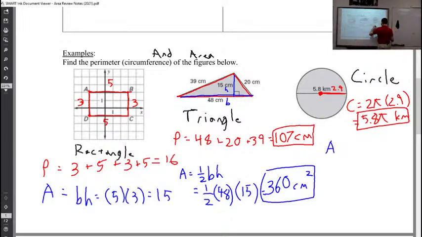Area. See if you can work ahead of me and get the area. Remember that our units for area should be in kilometers squared, since we're talking about an area. That's because my radius, which is in kilometers, is getting squared. So my units should be kilometers squared.